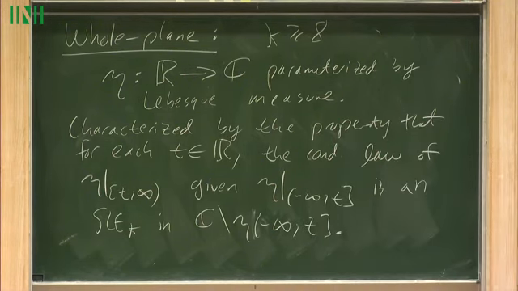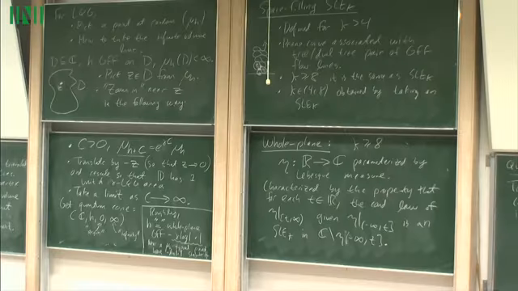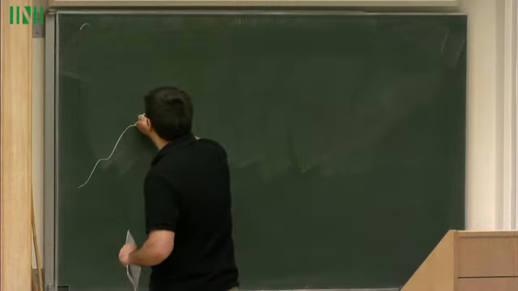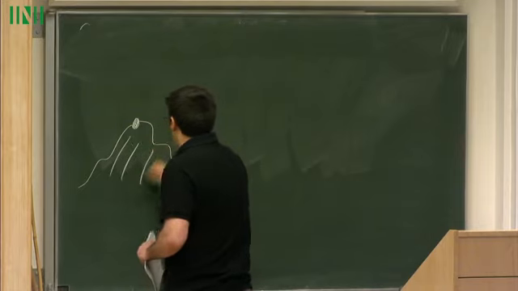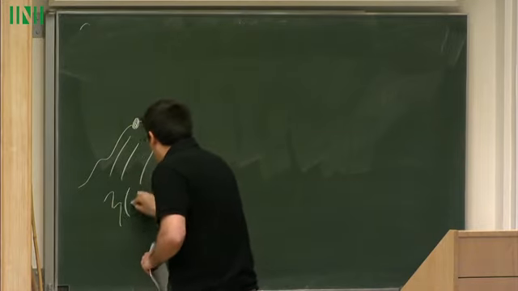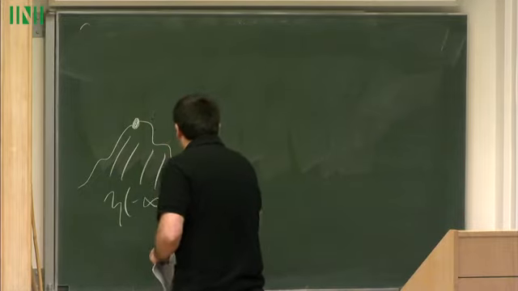So the picture that you should have in mind is that you have this curve defined on the whole plane. And if you run it up to any time t, it's going to look something like this. So this is like the range of the curve from time minus infinity to t.